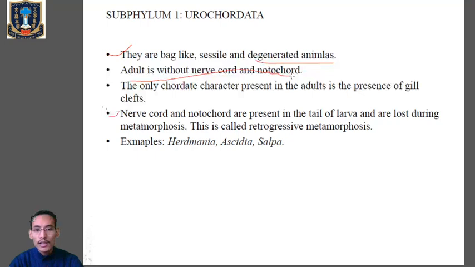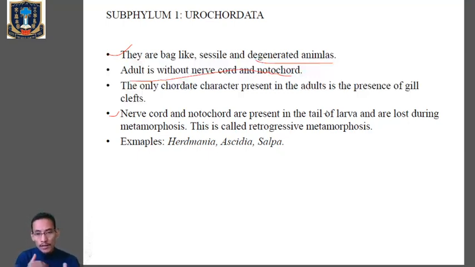You can see over here that the nerve cord and notochord are present only in the tail of the larval stage. But during metamorphosis, when the individuals undergo changes, meta means multi and morpho means form, so they have multiple forms.